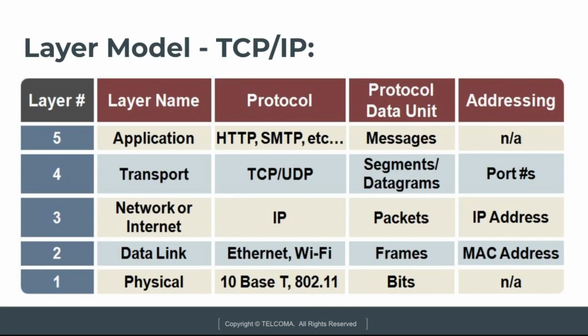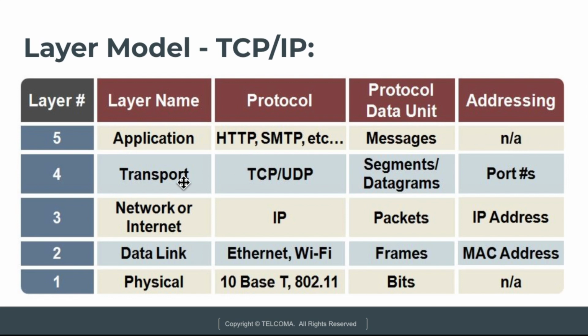Here is the diagram of the TCP/IP model: the application layer, transport layer, network or internet layer, data link layer and the physical layer. The application layer uses protocols like HTTP, SMTP and FTP to make the data unit known as messages, and it doesn't use any addressing here.